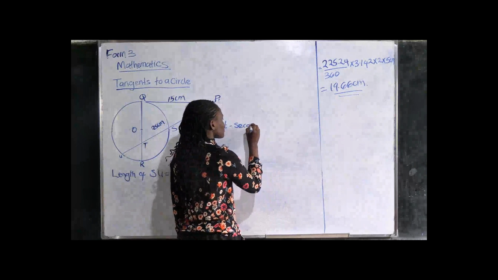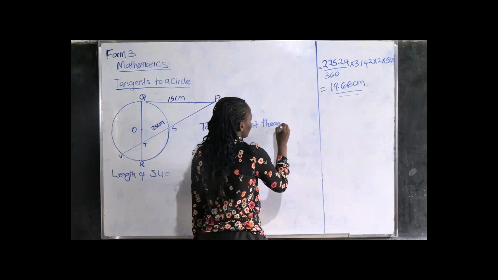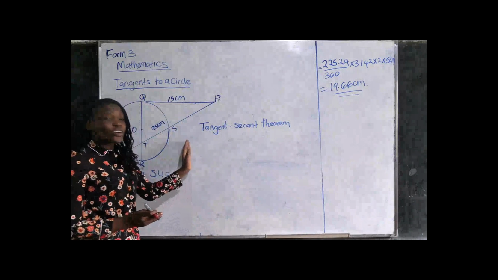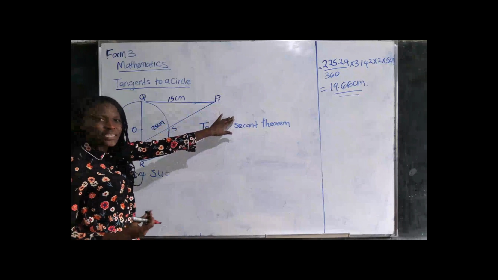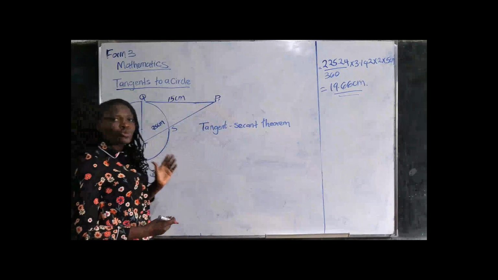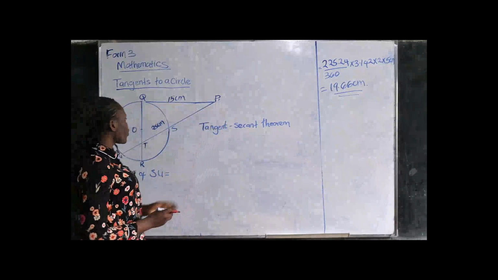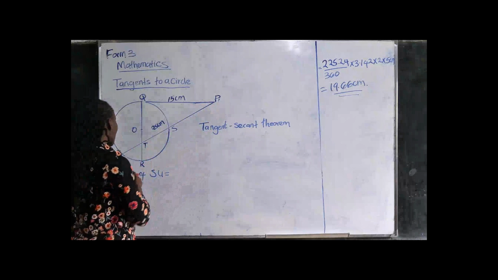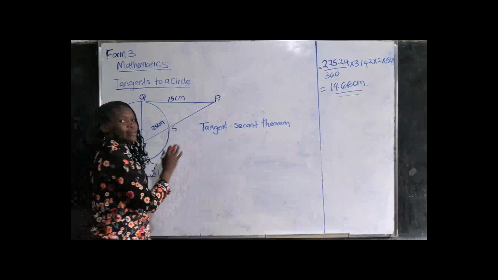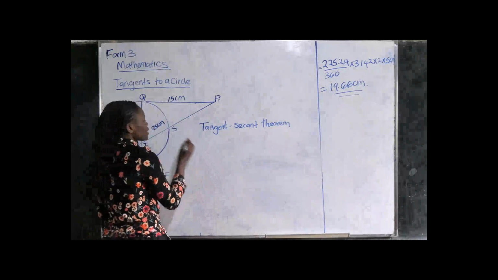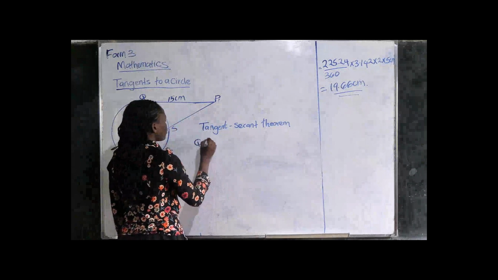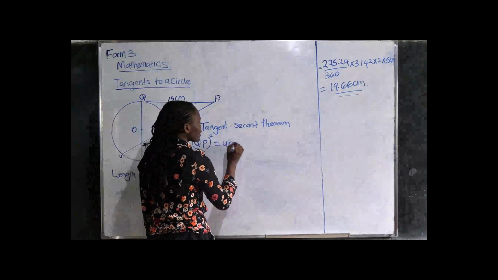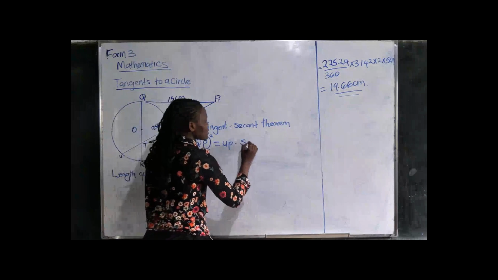The tangent secant theorem states that PQ, that is the tangent, squared is equal to PU times SP. That is, QP squared is equal to UP times SP.